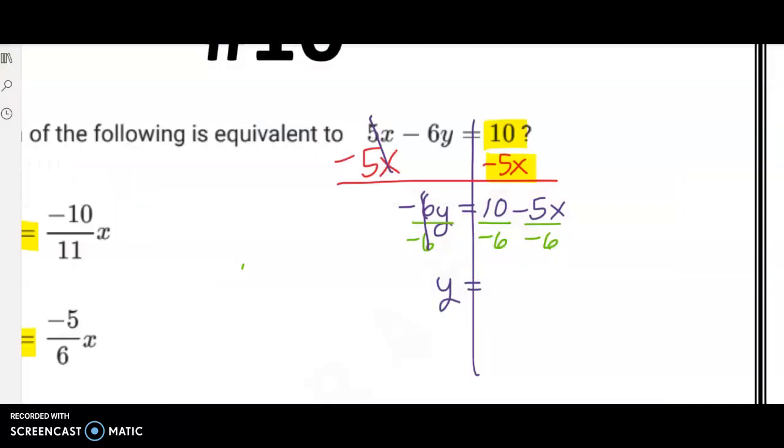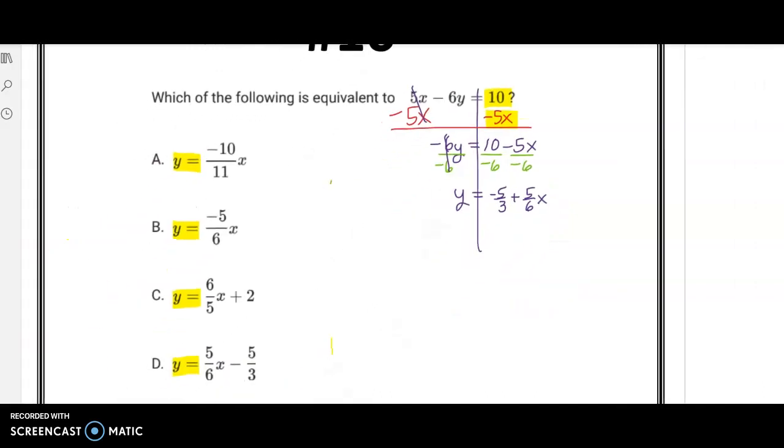So let's see how we would write that. Okay, so 10 divided by -6 was -5/3, and -5 divided by -6 was +5/6, and it has an x attached to it. Now, if you look at our answer choices, they don't quite look like that because they have the x term first, but we can do that too.